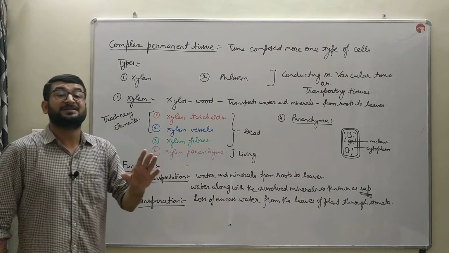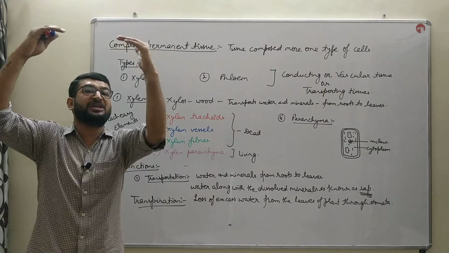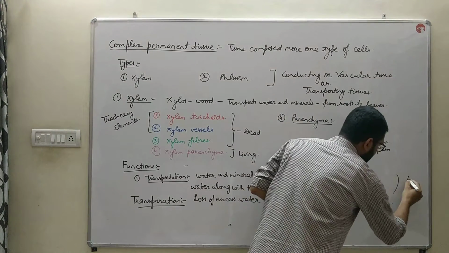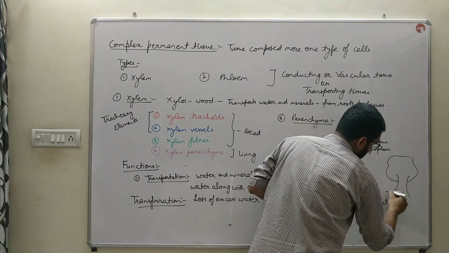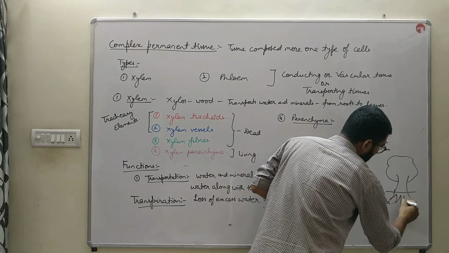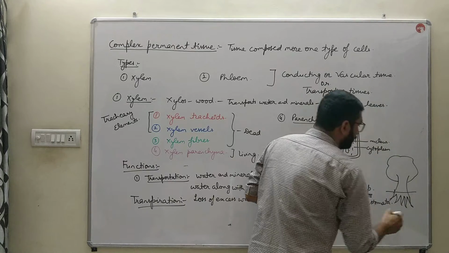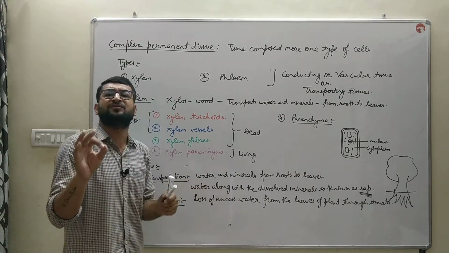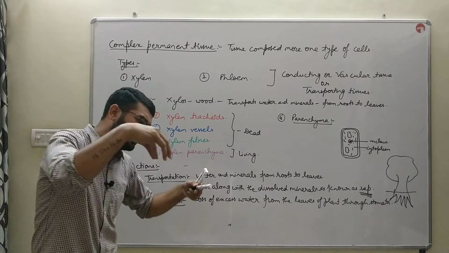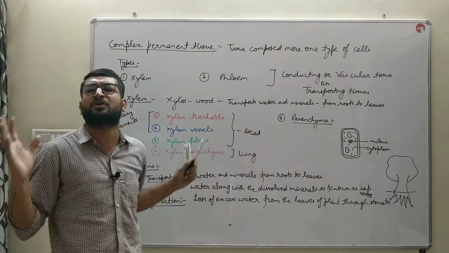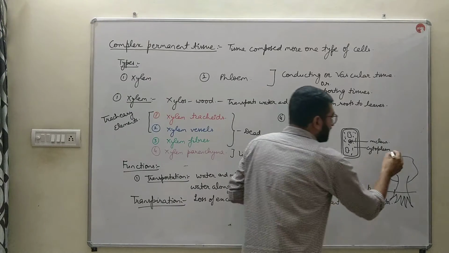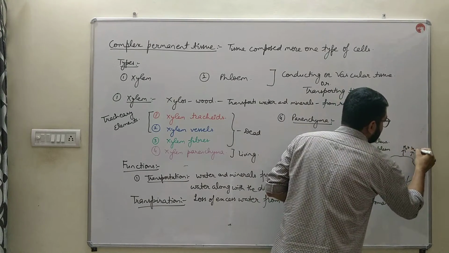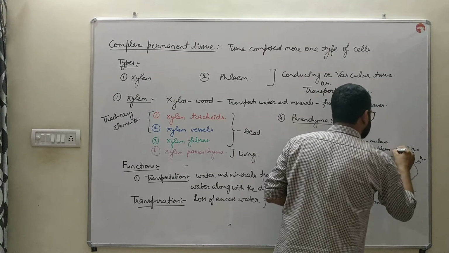Due to that loss, an area of low pressure is generated at the top. Suppose this is a tree, and these are roots. Roots continuously remain in contact with moisture because they are always inside the soil. Water is lost from the leaves, and that is known as transpiration.